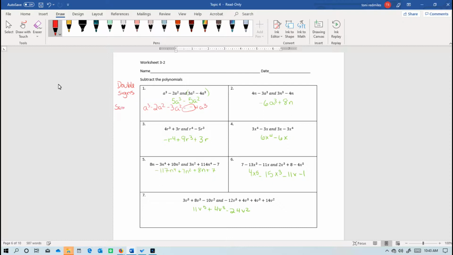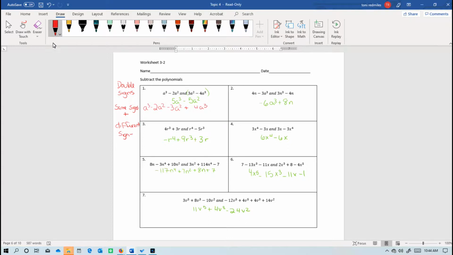Same signs, we add. Different signs, we subtract. These are the same signs. They're going to turn into a positive. Okay, so this is the first way you can look at how to do these. I'll do the second question in the other way.